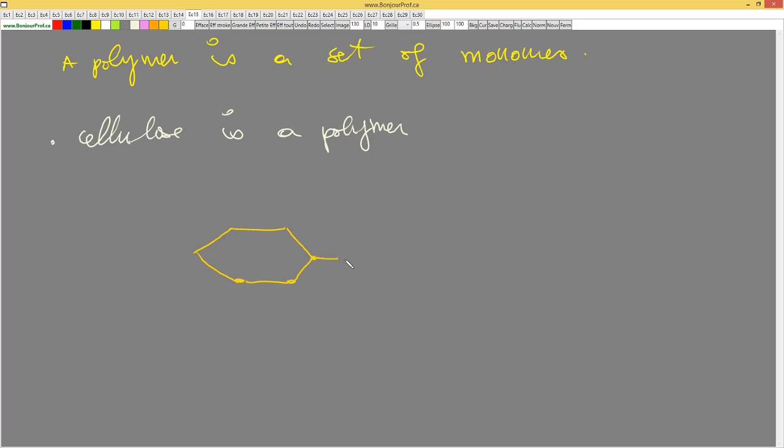Glucose, and they are bound by oxygen. And we have another glucose like this one, and another glucose like this one here, and so on. This is a polymer. I have glucose bound to another glucose by what? By the oxygen. Oxygen bounds different glucoses.